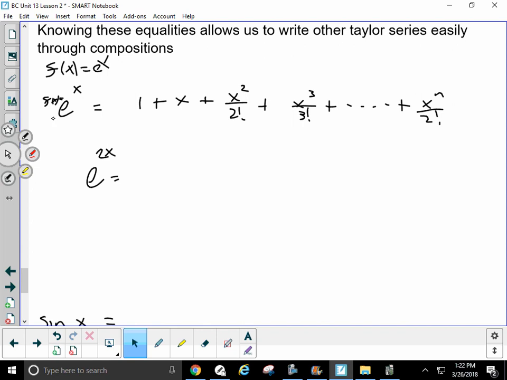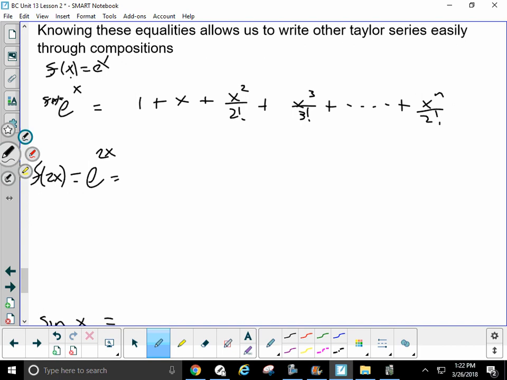Well, what if I wanted to know f of 2x? That's equal to e to the 2x, right? So instead of x, I have 2x plugged in everywhere. I don't need derivatives of derivatives of derivatives.